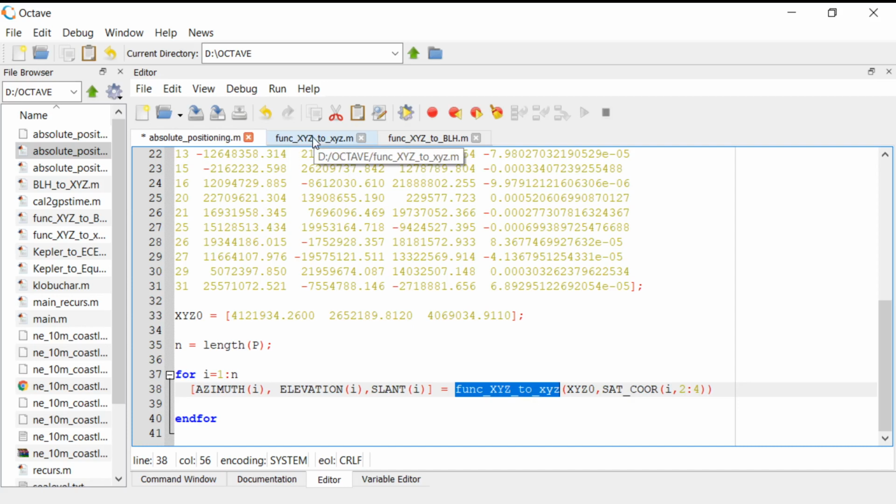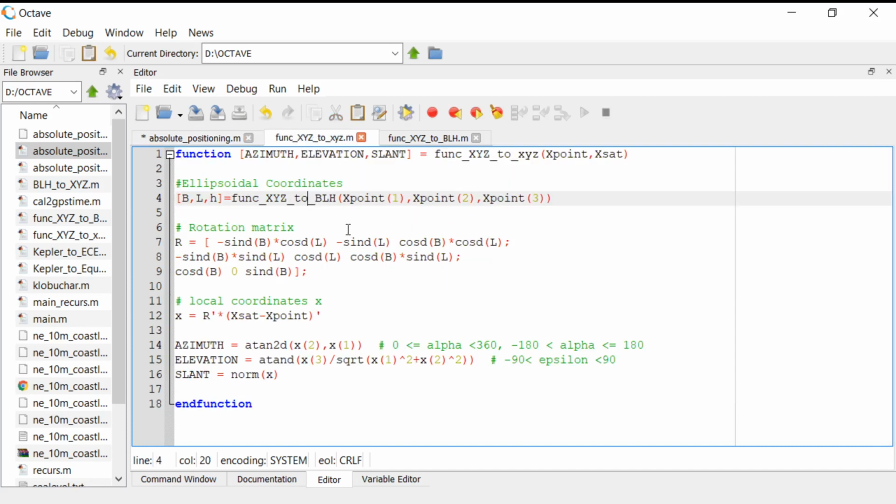Now I'm changing to the function here. This code is already available. We made it previously in our videos, in our lectures on the Octave platform. I only changed it into compact form. I omitted some explanations.